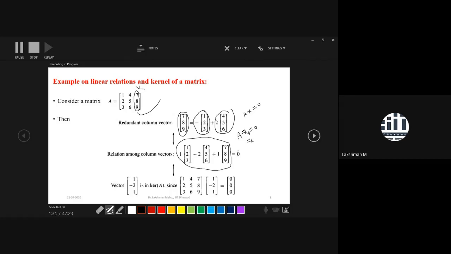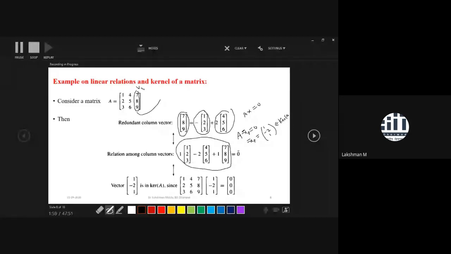Also, you can write it with suffix p, so xp is the particular solution. What is xp here? xp is 1, minus 2, 1. So it belongs to the kernel of the matrix. This is similar to a method of inspection. So it belongs to the kernel of A.